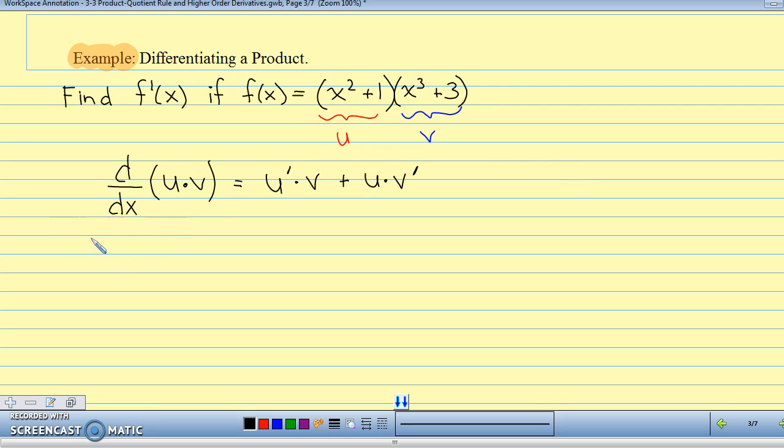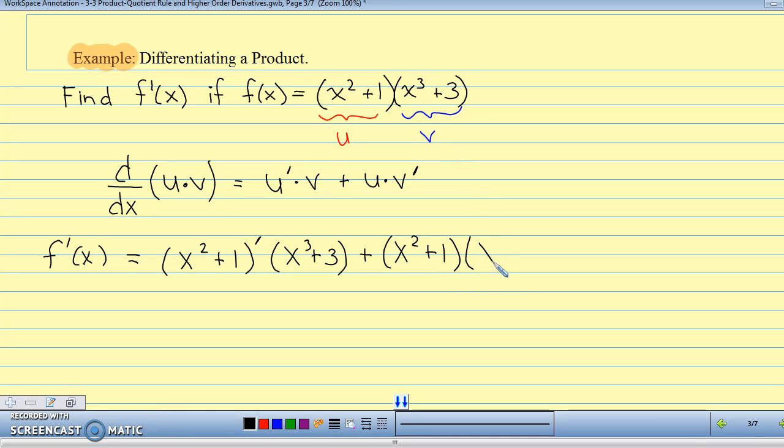So we apply it here. F prime of x is pretty much the derivative of x squared plus 1, x squared plus 1 prime, times x cubed plus 3. There's no prime on that one. We're not taking the derivative of that. Plus, now we leave the first function x squared plus 1 alone. We are not taking the derivative of that.